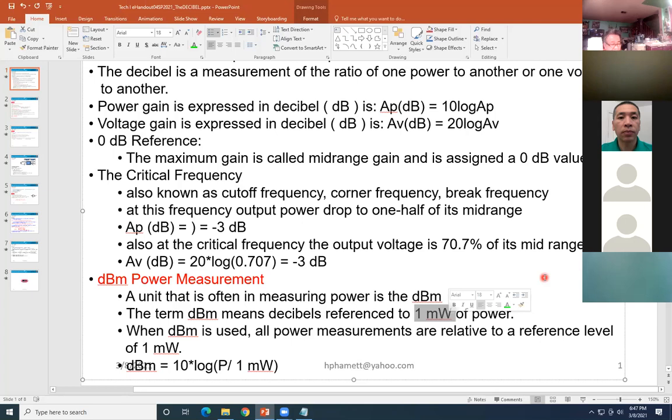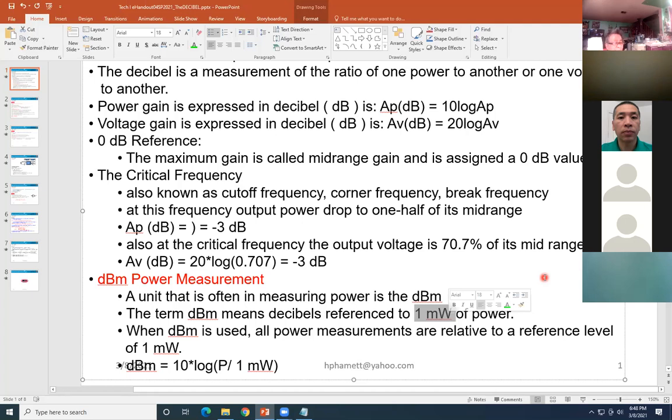So working with the equipment, you get the value in dBm. However, dealing with the outside, they want to know in watt or milliwatt, not dBm. So that's why the term dBm means decibel referenced to 1 milliwatt of power.